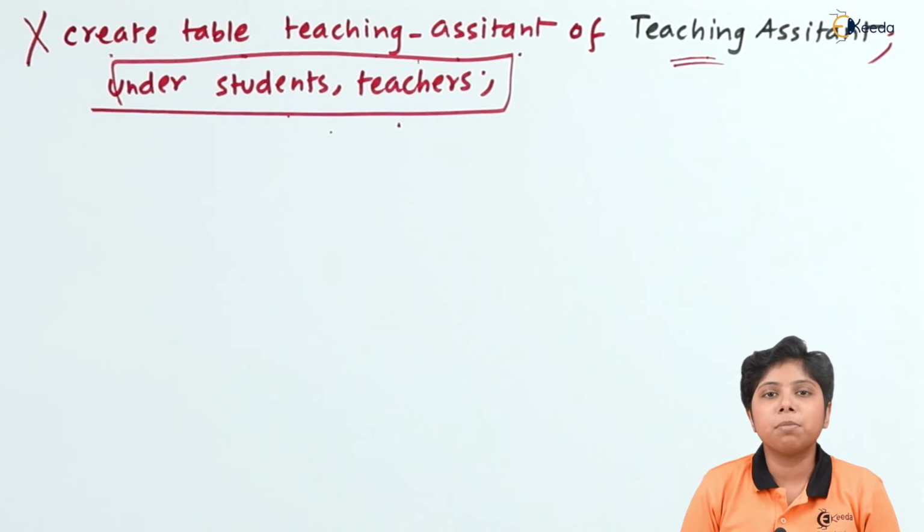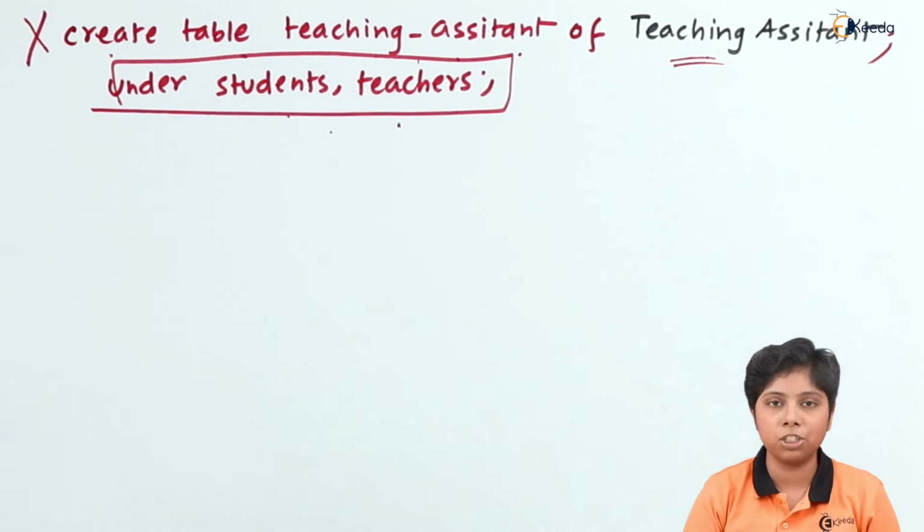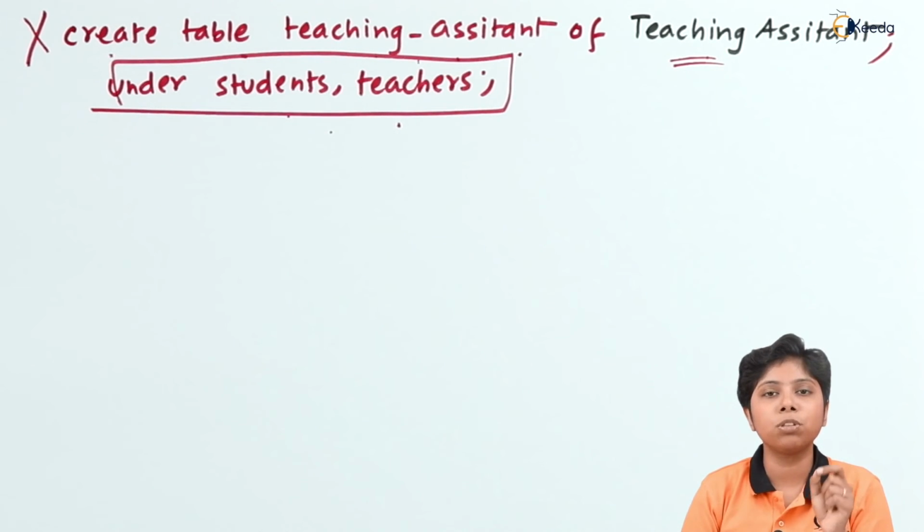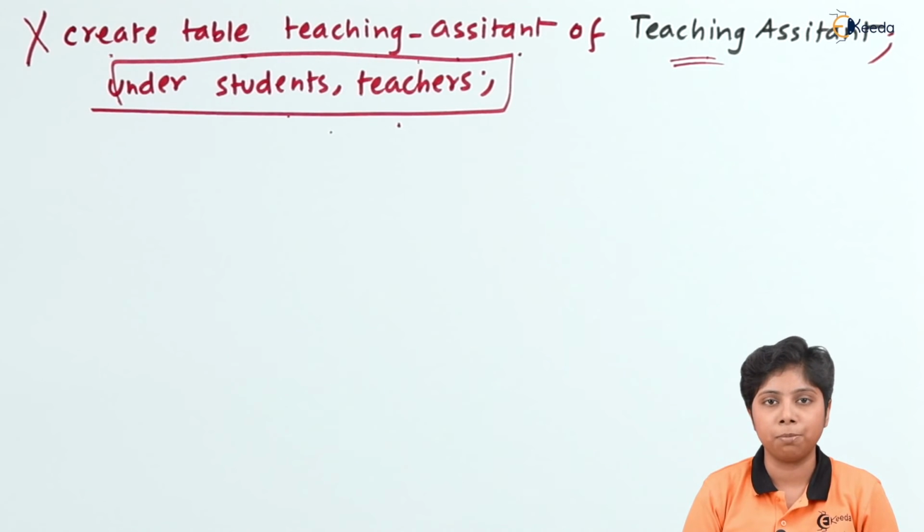Now SQL puts some constraints on this, making a correspondence between two tables. Correspondence is different from inheritance. When we talk about correspondence, we are mentioning two constraints. The first constraint is that every tuple in the super table, here student and teacher, should refer to at most one tuple in the subtables inherited from the super table.